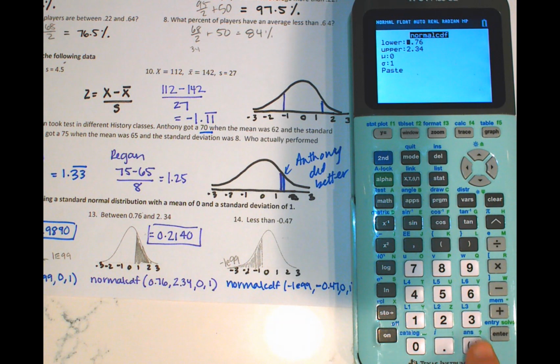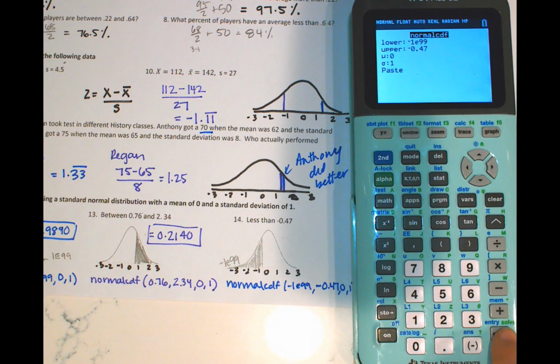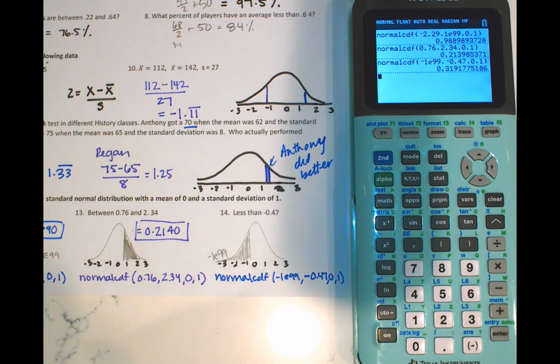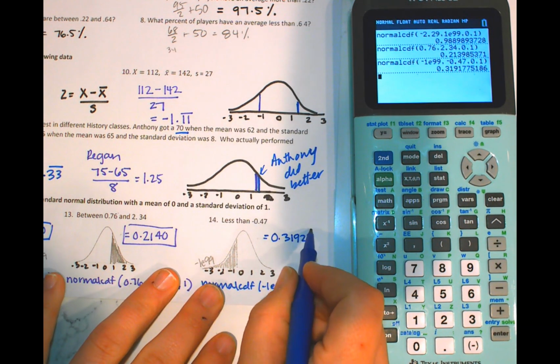So now my lower is negative 1, and then to get to E, we'll just use this E here. So if we hit second and then the division, we get our E, 99, and then negative 0.47. And the area under that part of our curve is 0.3192.